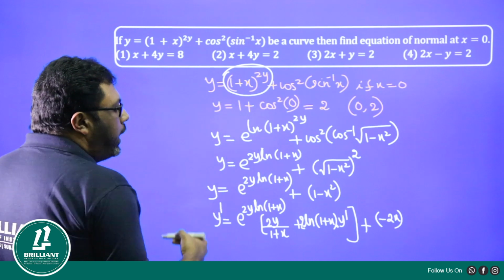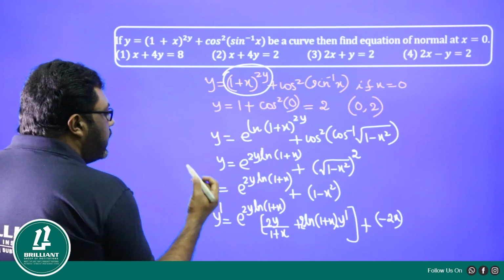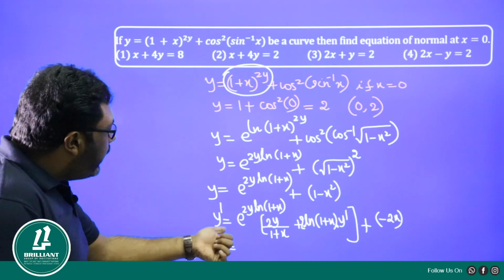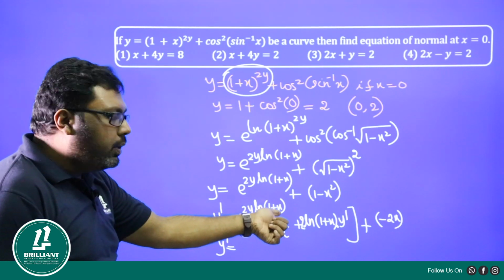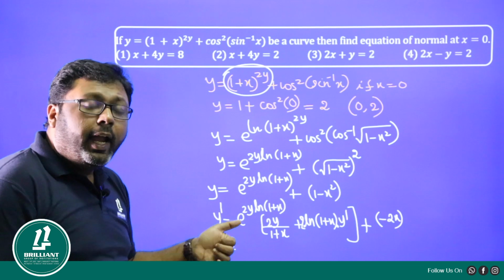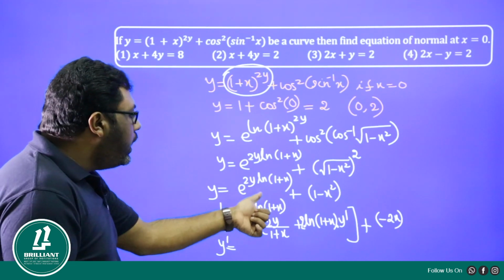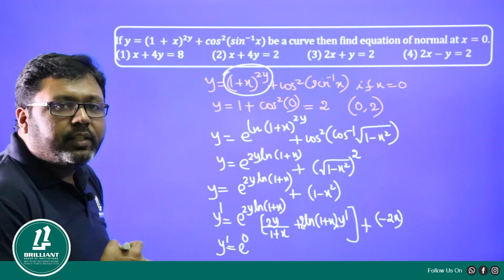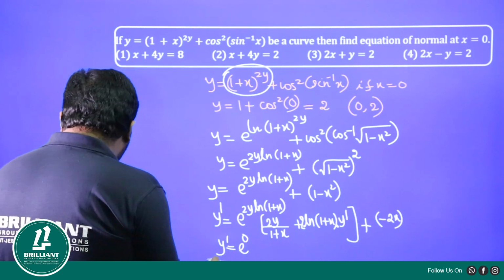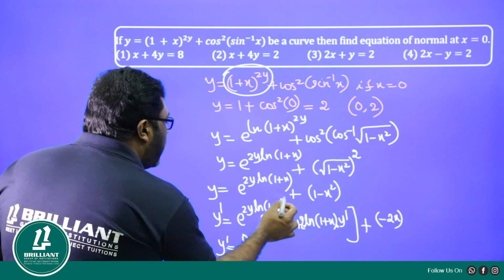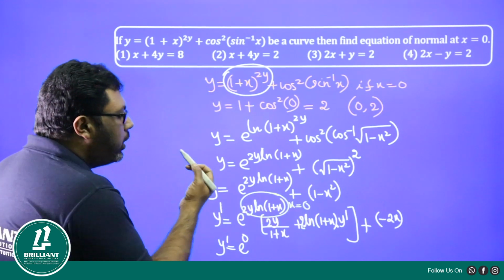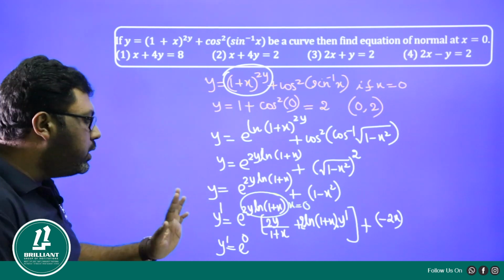Now put x is equal to 0, y is equal to 2, so you will get y dash. If I put x is equal to 0 in this, I will get ln 1, and ln 1 is 0, so e raised to 0. If x is equal to 0, this entire term will become 0, ln 1 is 0, that is why.